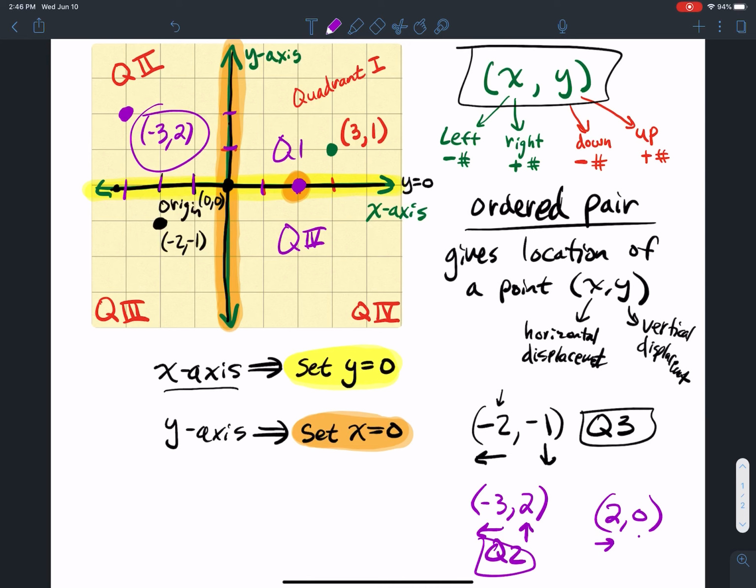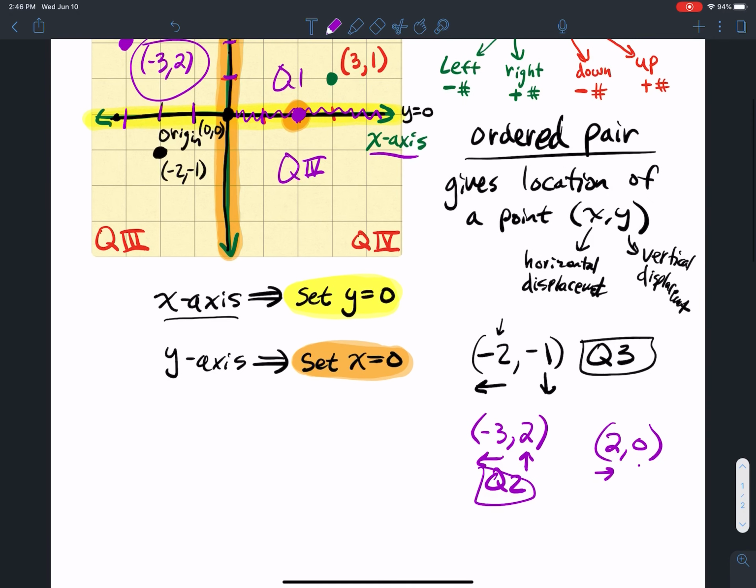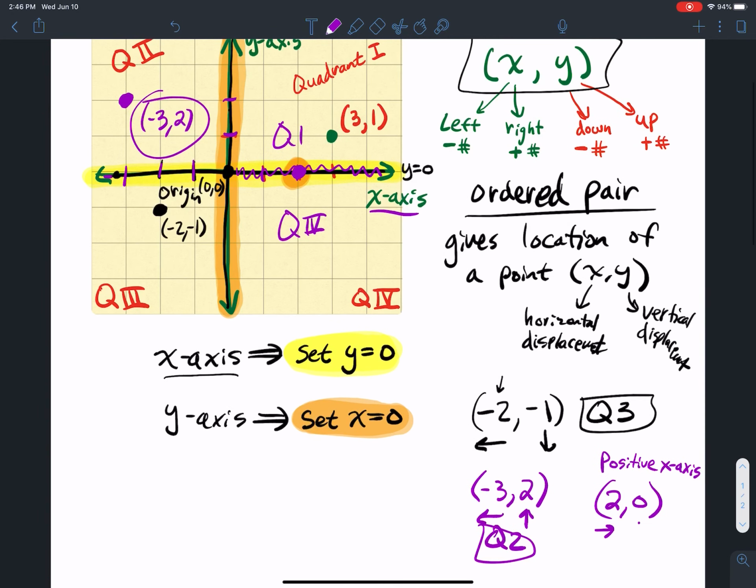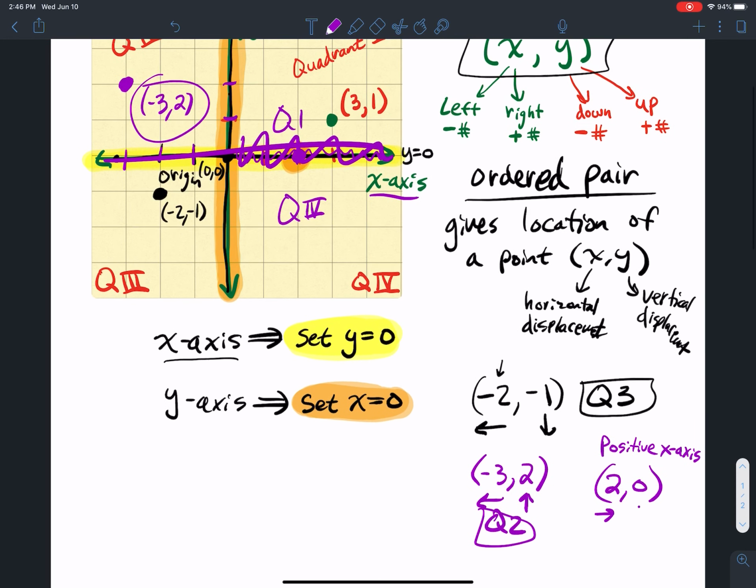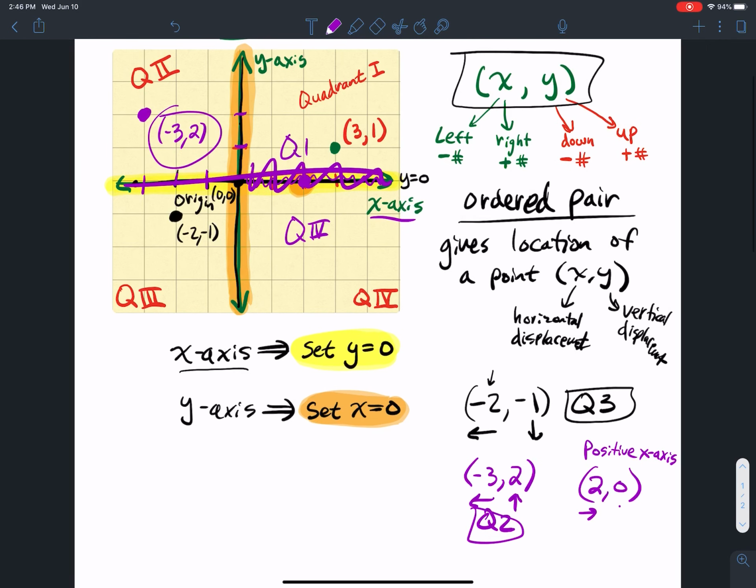So where are we? We are actually on the positive x-axis. So it's on the x-axis, but on the positive side. If it lands on an axis, then you have to account for that.